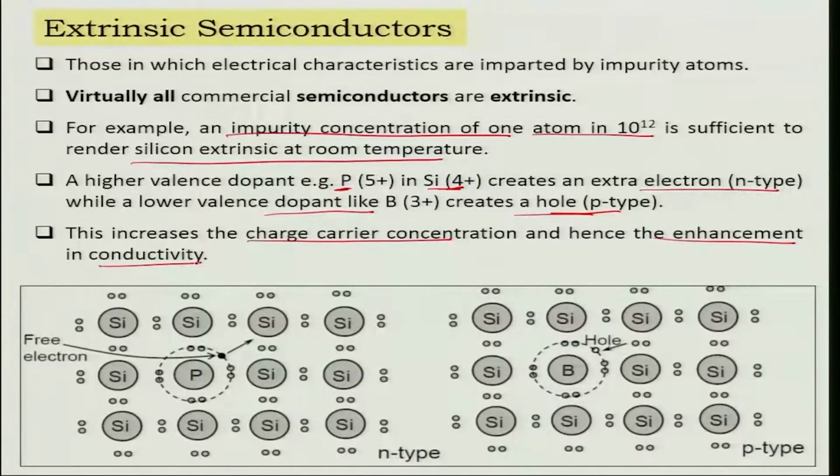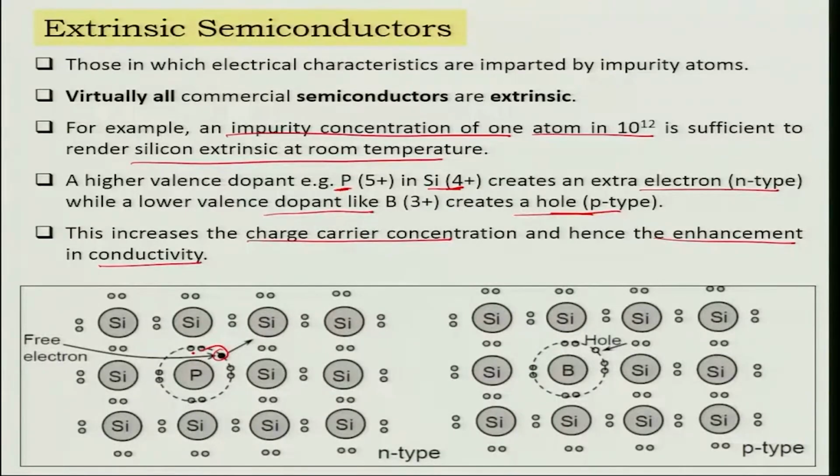As you can see here, this is a silicon lattice structure, and let us say you have added a phosphorus here. So, this is a higher valency dopant. As a result this will create an extra electron.